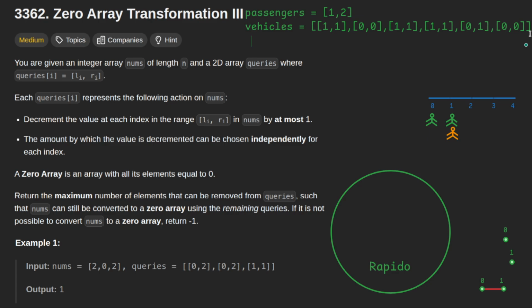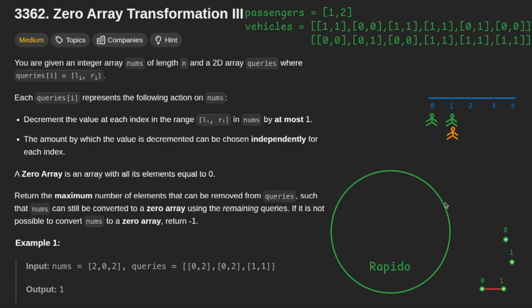I need to keep track of everything. So 0 0, 0 1 0 0, and then 1 0 1 0 and 1 2 3, right? This is what I'm getting.